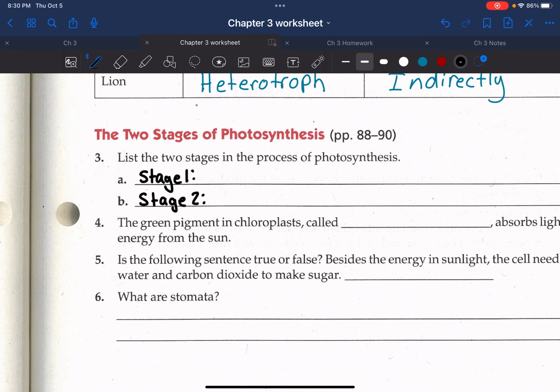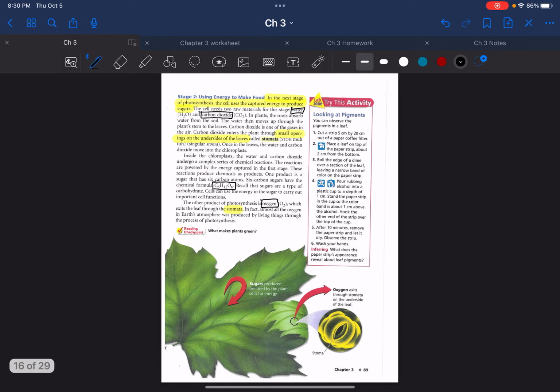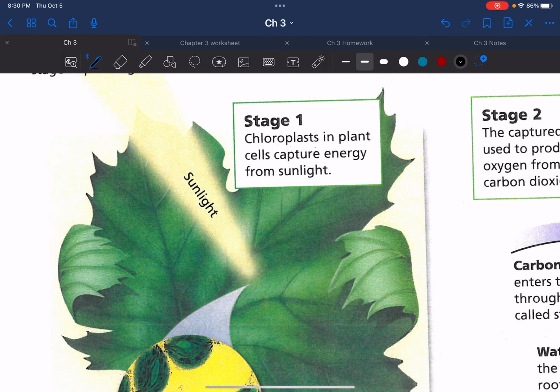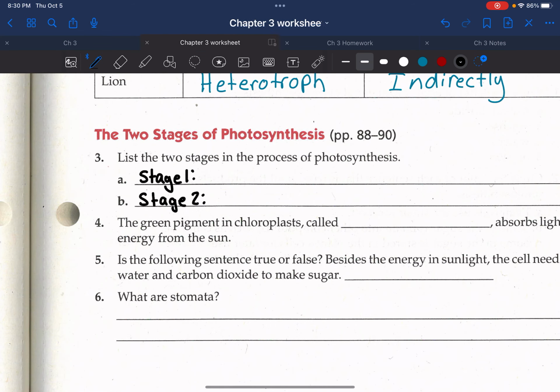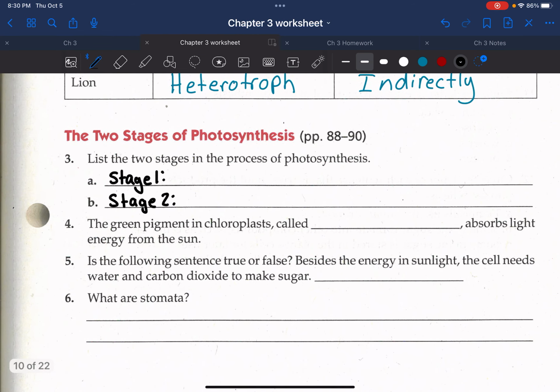All right, in stage 1 of photosynthesis, chloroplasts in the plant cells capture energy from sunlight. Since we don't have a whole lot of space here, I'm going to say plant capture energy from sunlight.